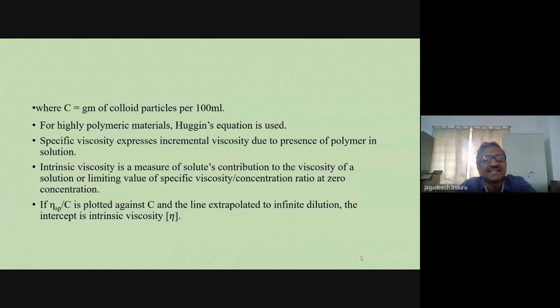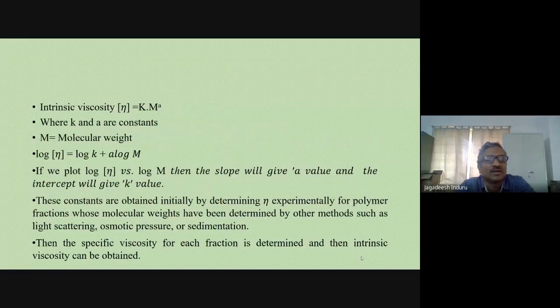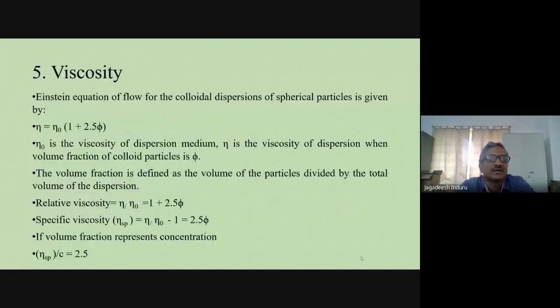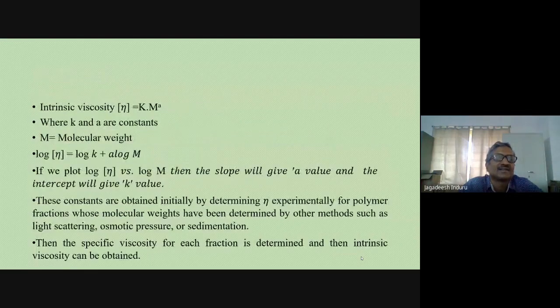The intrinsic viscosity is given as eta in the square bracket, whereas the specific viscosity is eta sp, and the relative viscosity is eta by eta naught. Then what is the use of the intrinsic viscosity? Intrinsic viscosity, eta within the square bracket, is equated to K into M to the power of A. This is the one which you are going to use.